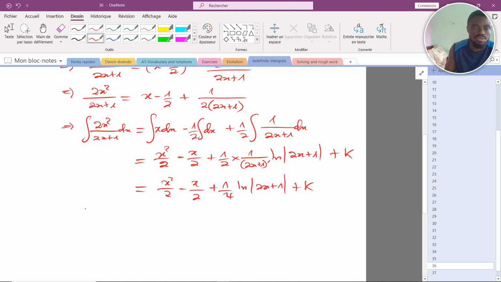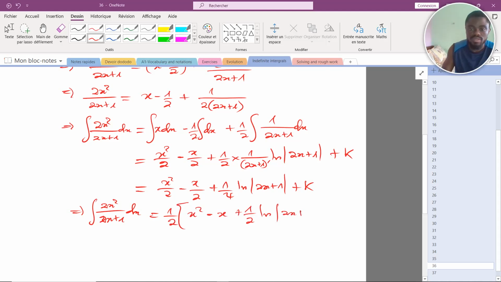So it implies the integral of 2x squared over 2x+1 dx will be equal to, I can factorize a half here, a half times (x squared minus x plus a half ln of the absolute value of 2x+1), all that plus our constant of integration.